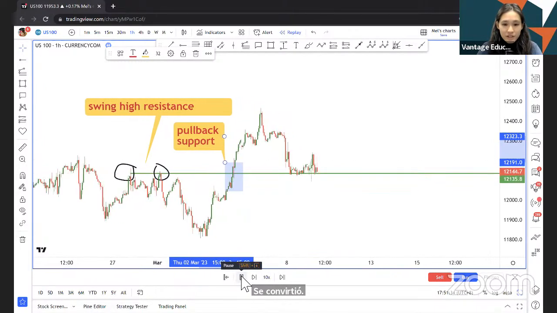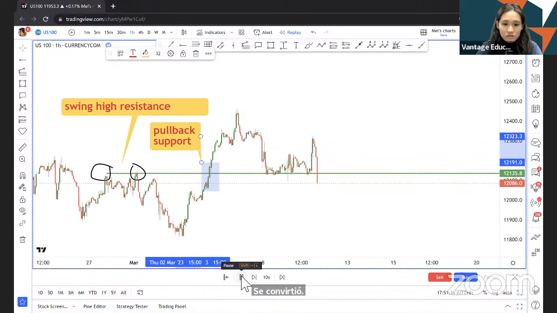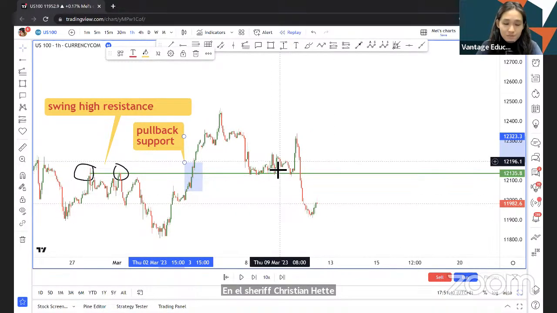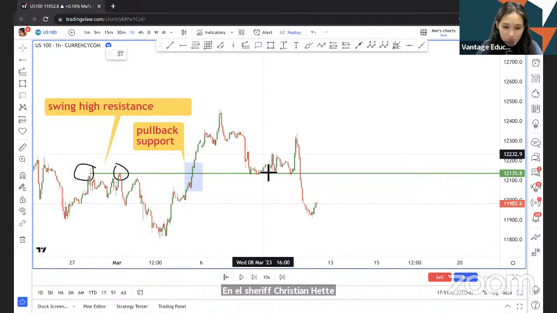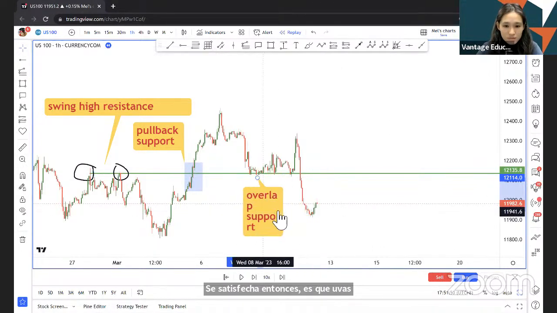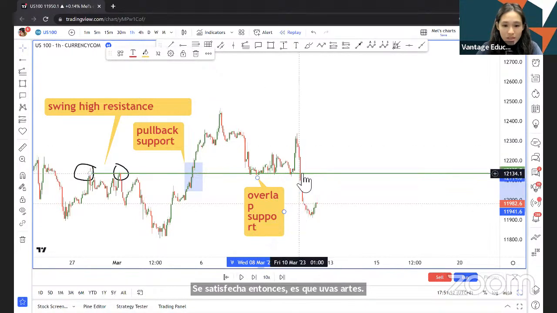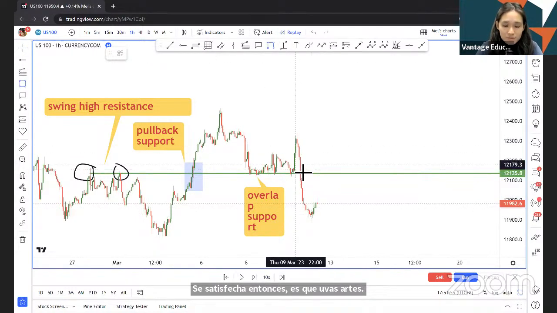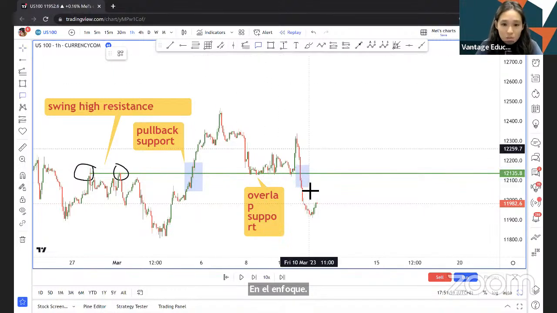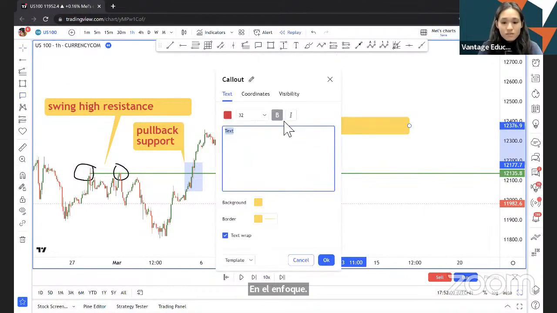So we see it retrace. And it actually retraced for quite a while, as you can see over here. At this retrace level, this is an overlap support. And then it pulled back again, making it a pullback resistance.